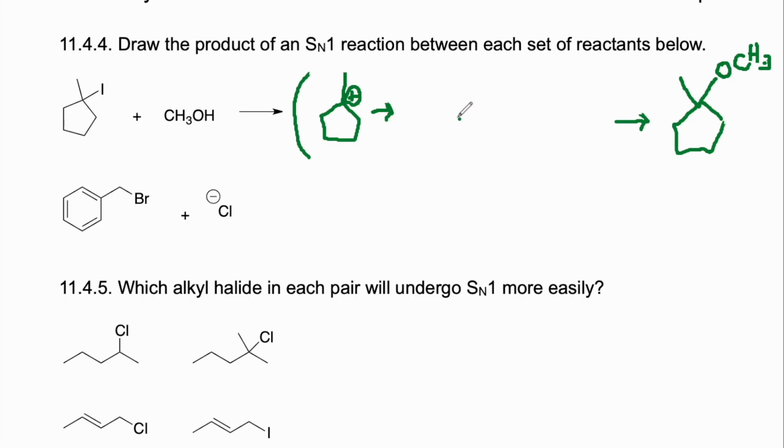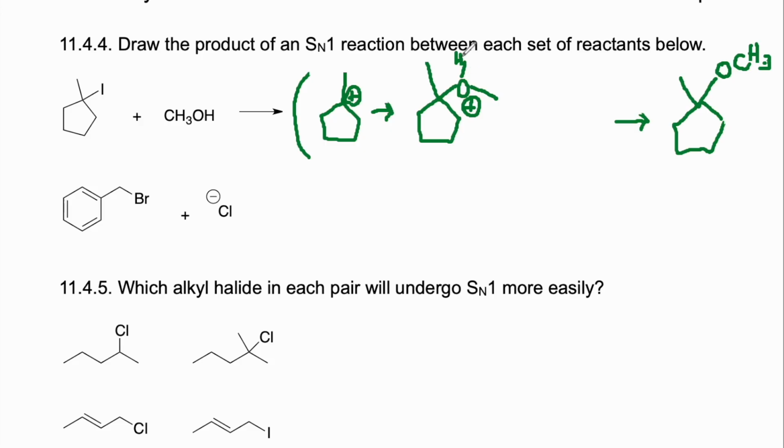And then the methanol, the oxygen of the methanol is the one that has the lone pair. The carbon of the methanol does not have a lone pair. So the oxygen of the methanol is going to get attracted to that cation. The oxygen still has that proton attached though, so we have something temporarily that has a positive charge.